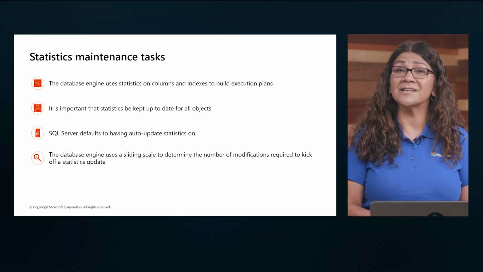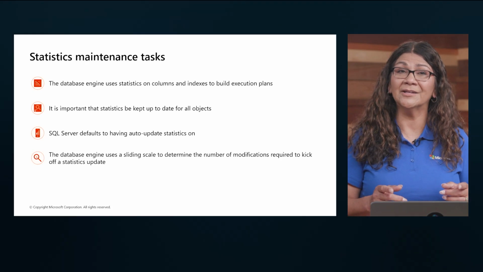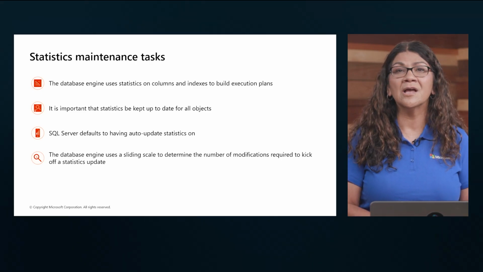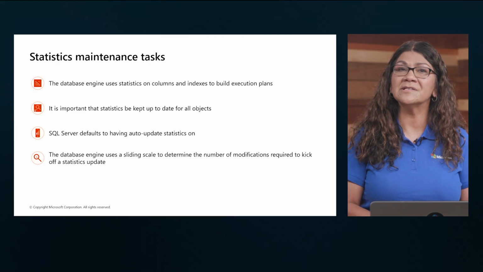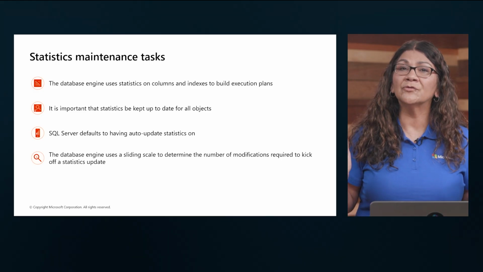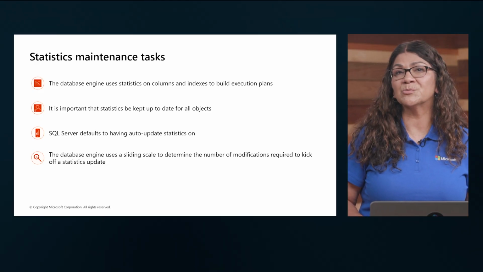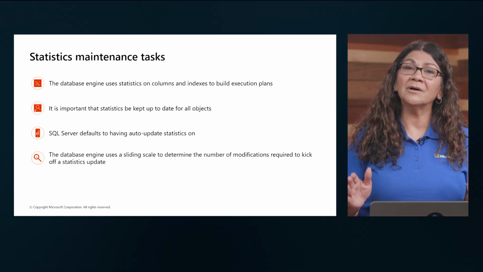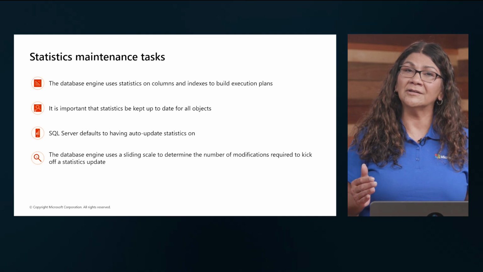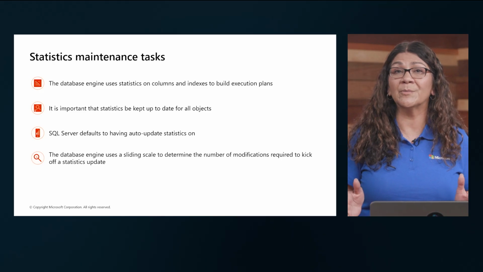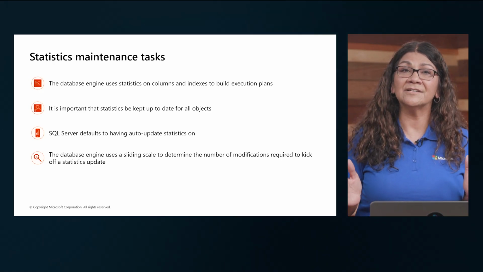SQL Server relies on statistics from columns and indexes to build efficient execution plans, making it essential to keep these statistics up to date for all database objects. SQL Server simplifies this process by enabling auto-update statistics by default, which reduces manual intervention and ensures performance remains optimal as data changes.